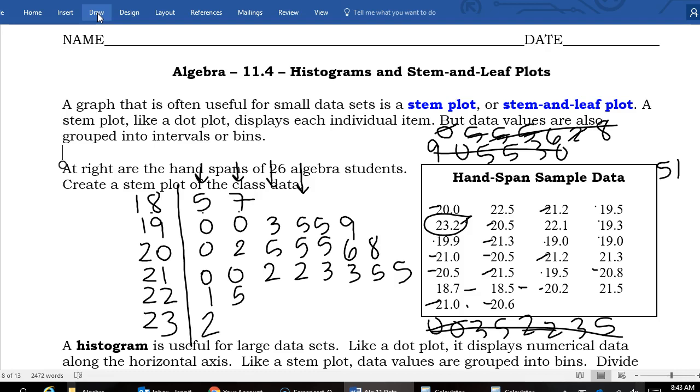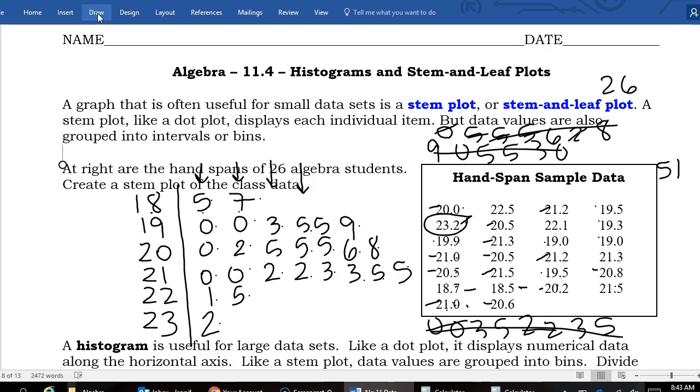I'm going to count to make sure I got them all: 1, 2, 3, all the way up to 26. Looks good.